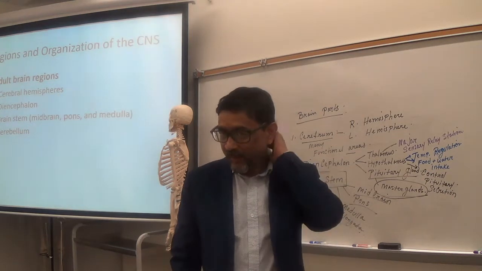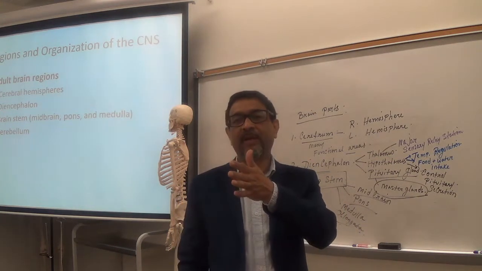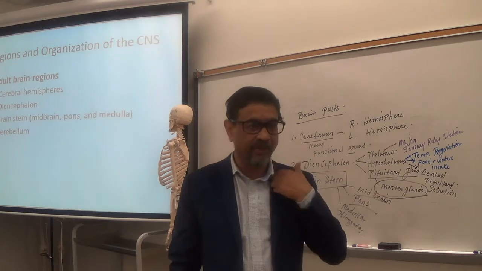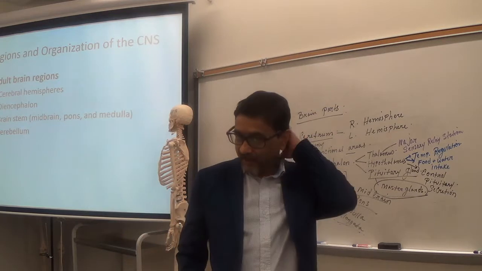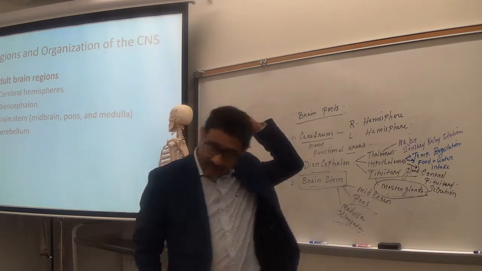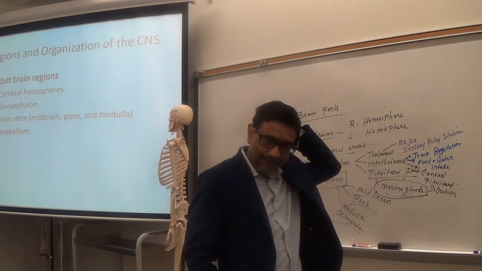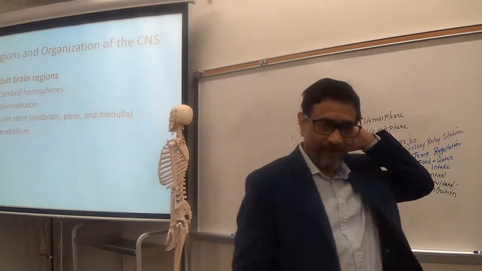If the brainstem is damaged, the person may die immediately because of the stoppage of heart and respiration. Make sense? So this part is very important. If somebody shoots here, then the person will immediately die. Okay, so very important.